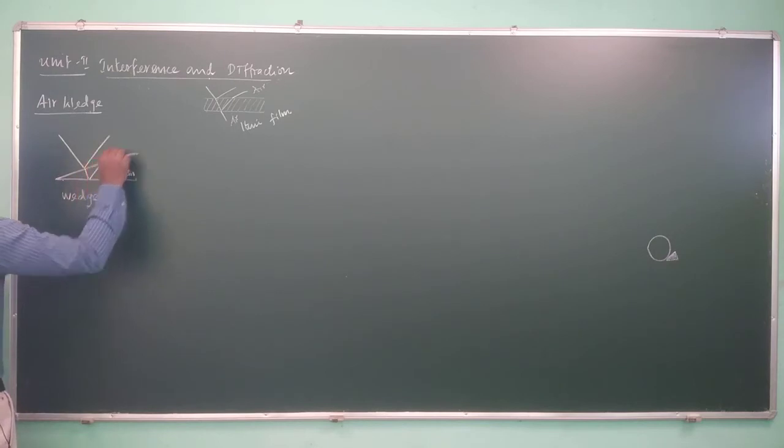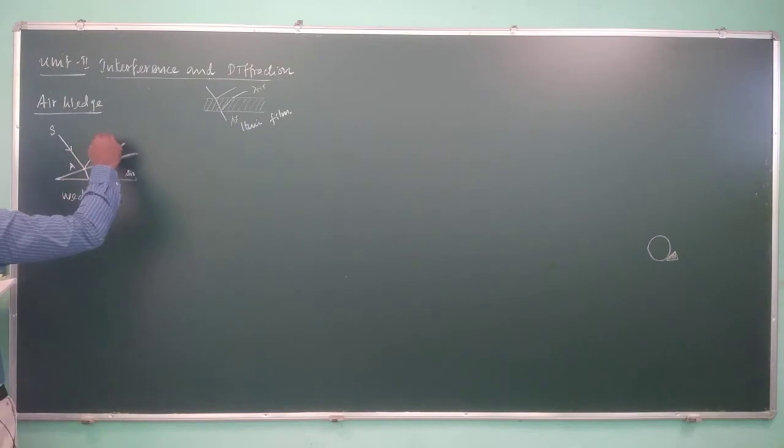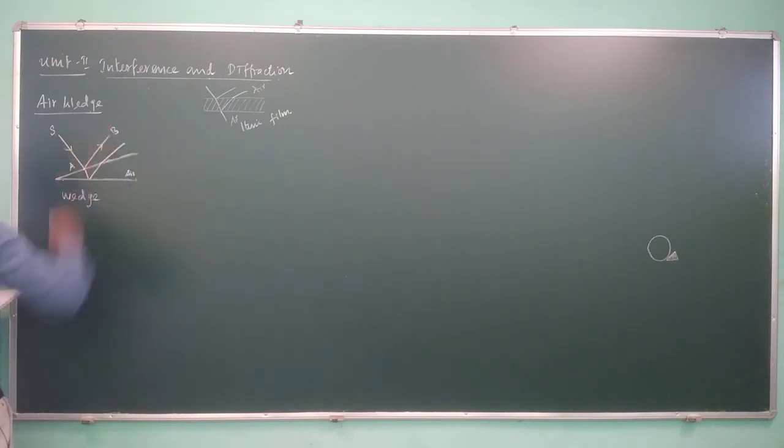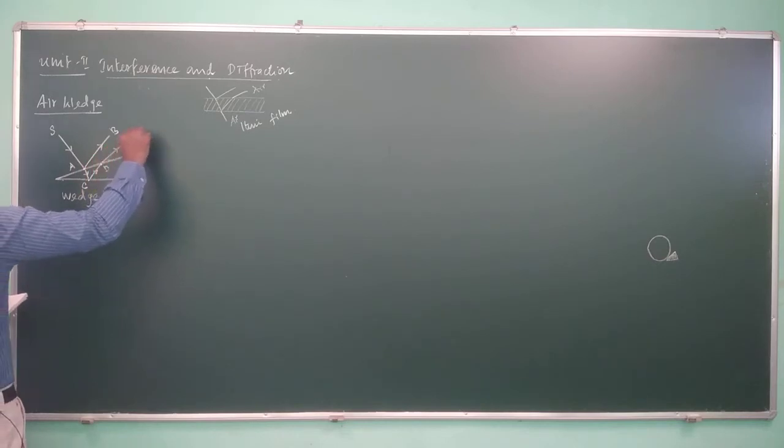It gets partial reflection and partial refraction at point A. The reflected ray takes the direction B, and at point C the refracted ray is again reflected, and the reflected ray is again refracted at point D, and this ray travels in direction E.